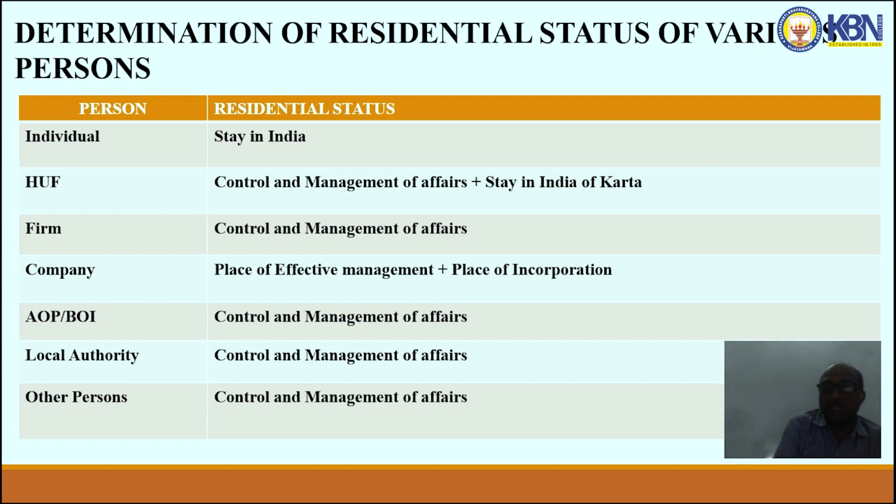So, for determination of residential status of a person, one must consider 2 points. One is how many days stayed in India. The second one is the control and management of affairs of the business, which means where the head office is situated, and in case of a company, where it is incorporated.